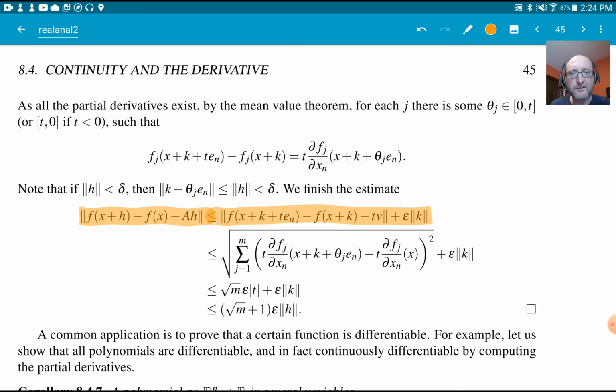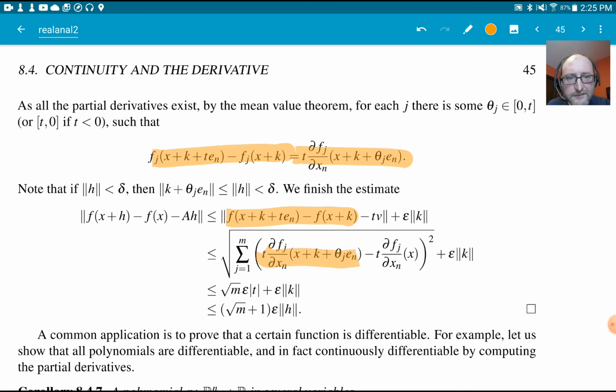All right. So now let's write down what we have. Here, this guy, we use this equality, that gives us this, and then minus tv, that gives us this.